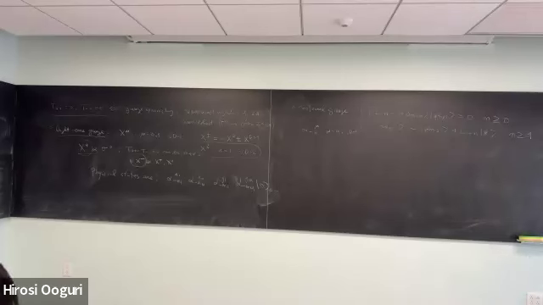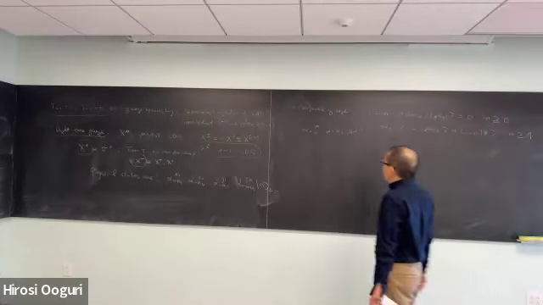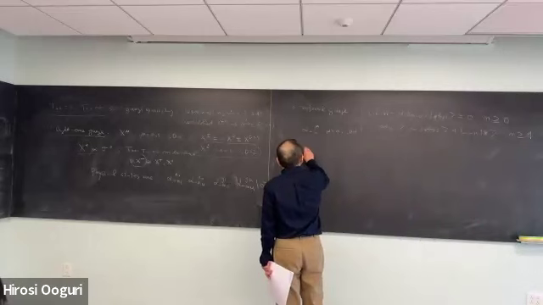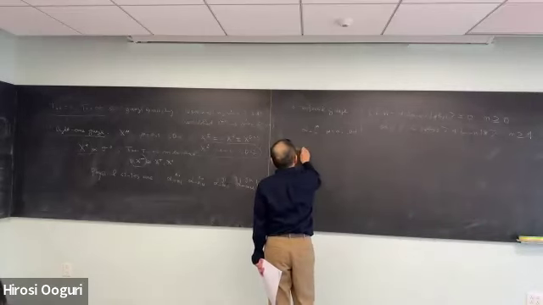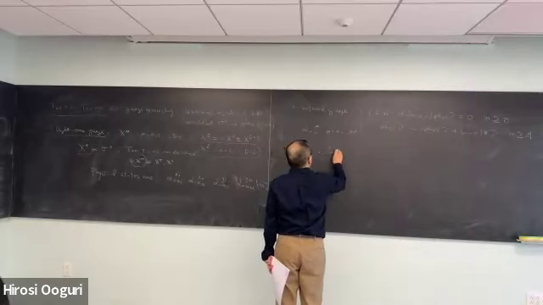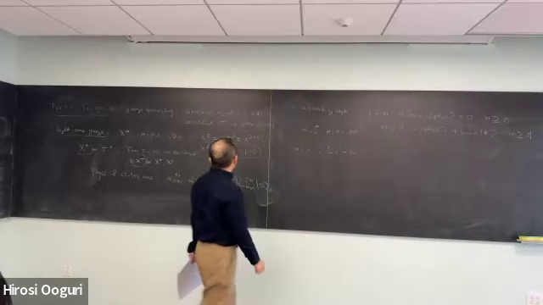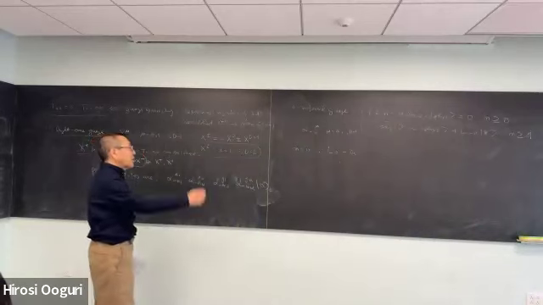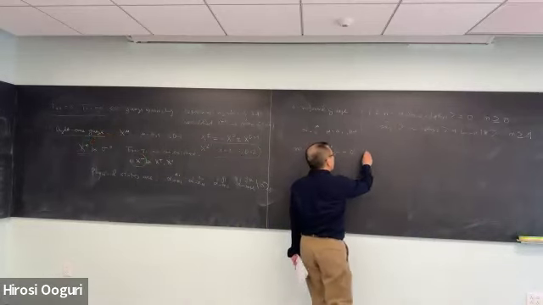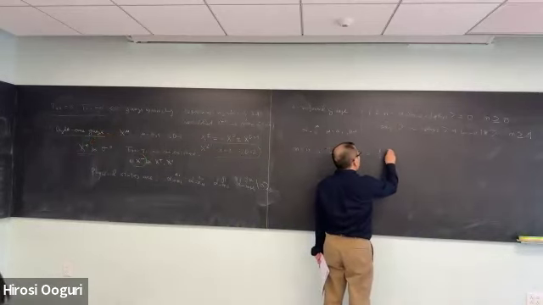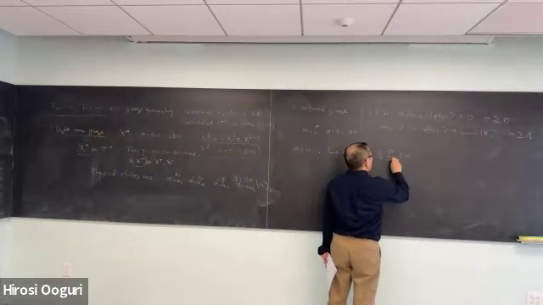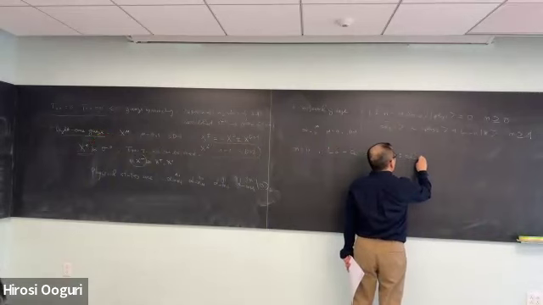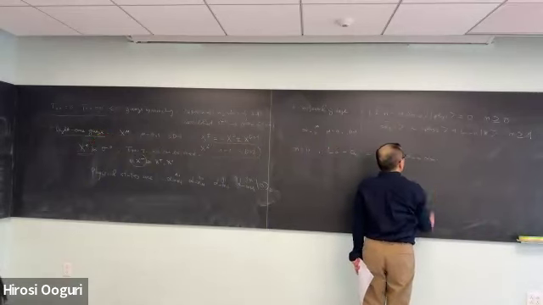So let's look at what these conditions are. First, let's look at the condition L_0 minus a, so for n equals 0, we have L_0 minus a equal to 0. Now, what's L_0? L_0 is equal to 1/2 the sum over m of the normal ordering of alpha minus m alpha m.